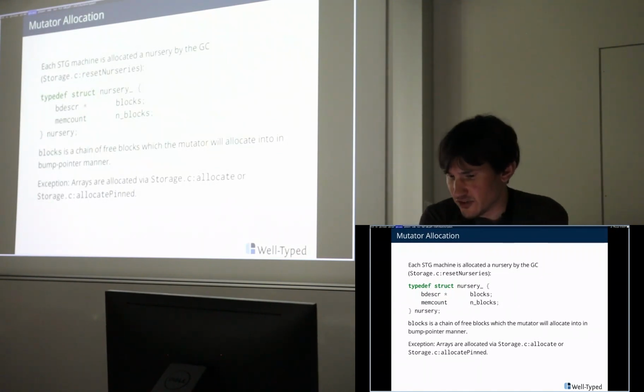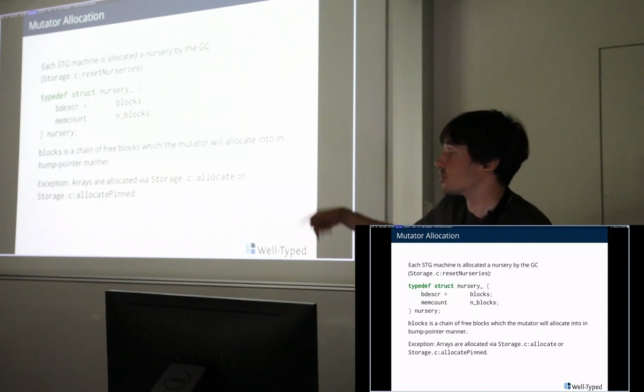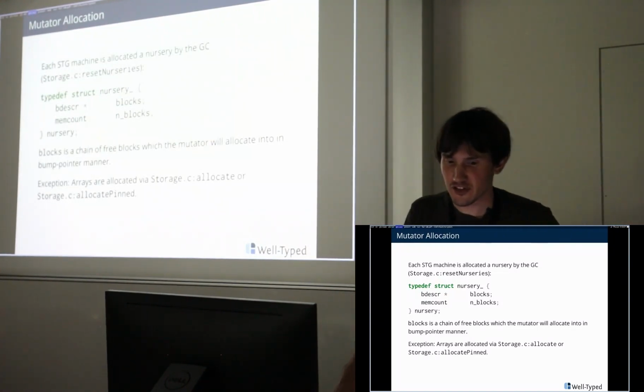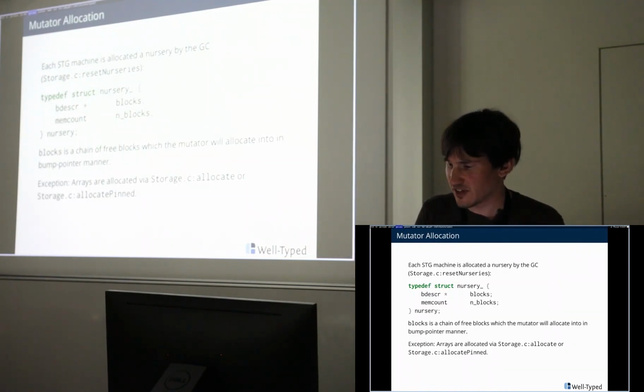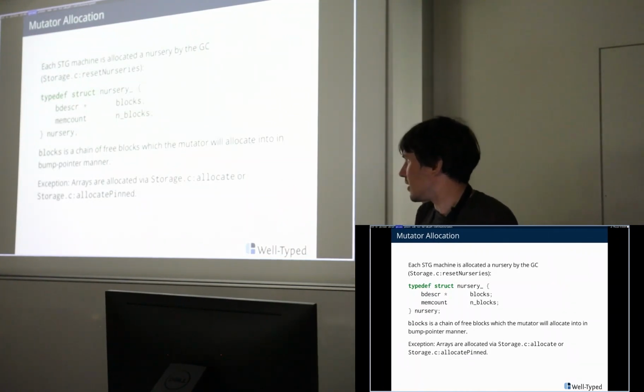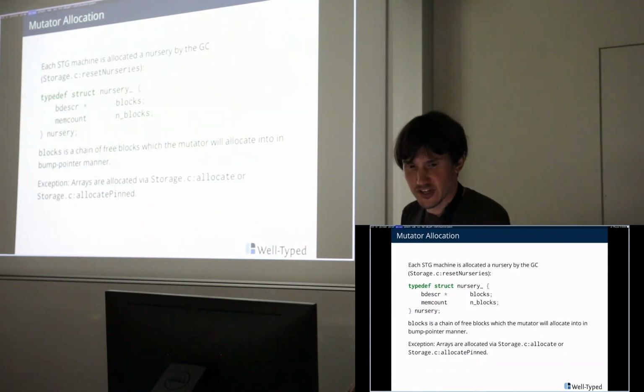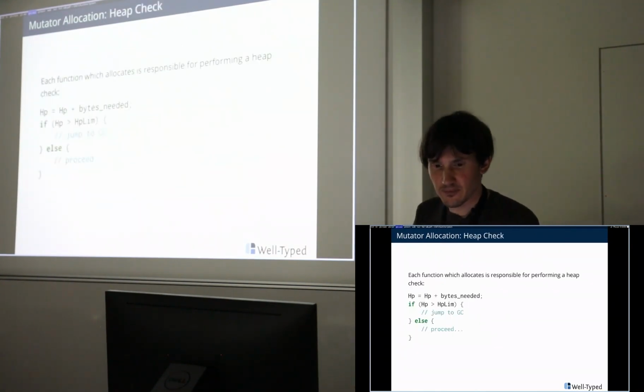These are handled in the storage.c allocate function and storage.c allocatePinned. These make for good reading. I'd recommend looking at them. They give you a sense of how allocation works in C, which is maybe a bit more readable, how large objects are handled, etc. We won't look at this here.